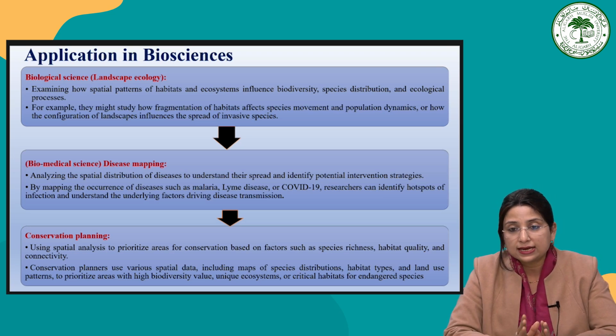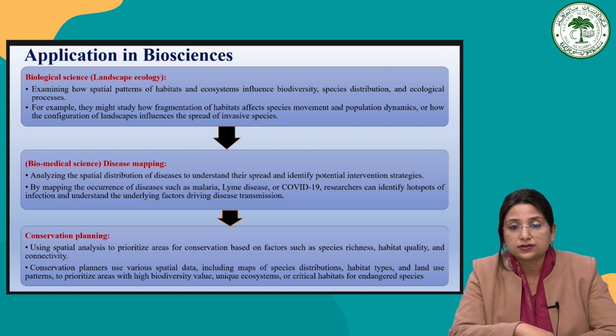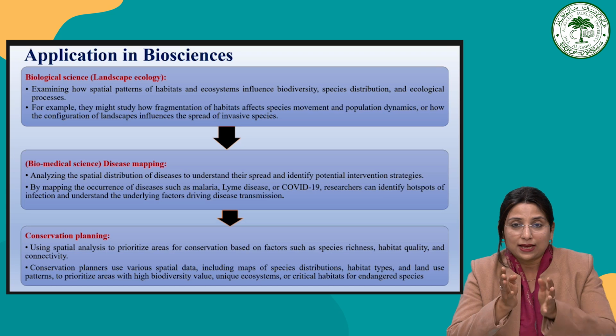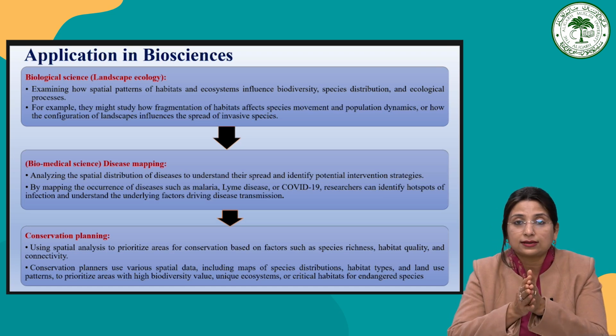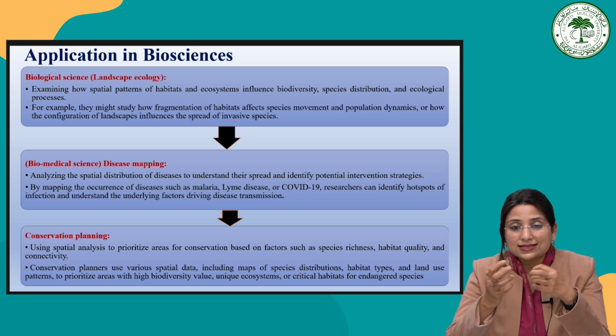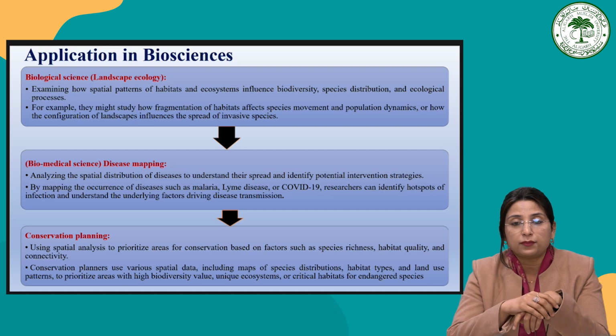Here spatial analysis can examine landscape patterns at various scales, and researchers can gain new information on biodiversity distribution. What type of biodiversity distribution exists in a particular spatial unit can be analyzed, species interactions can be analyzed, and the ecosystem functioning of a particular place can also be analyzed.